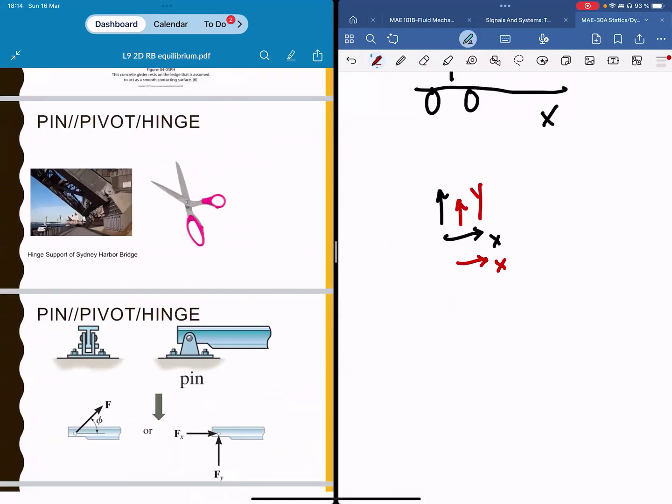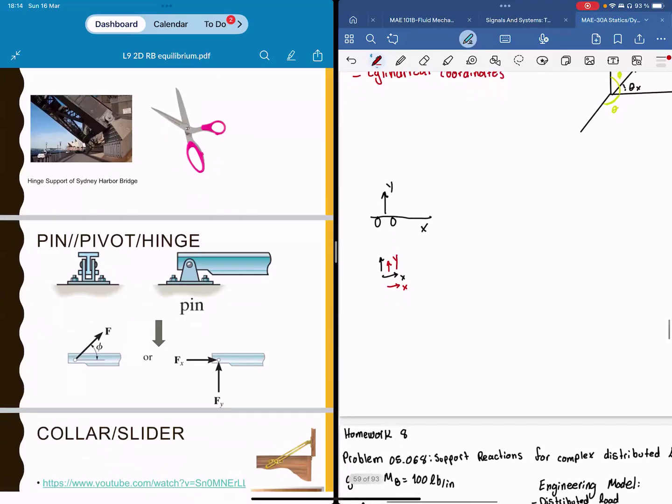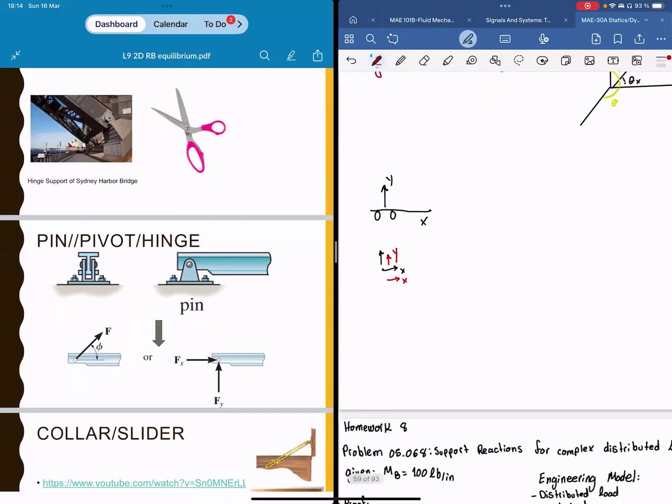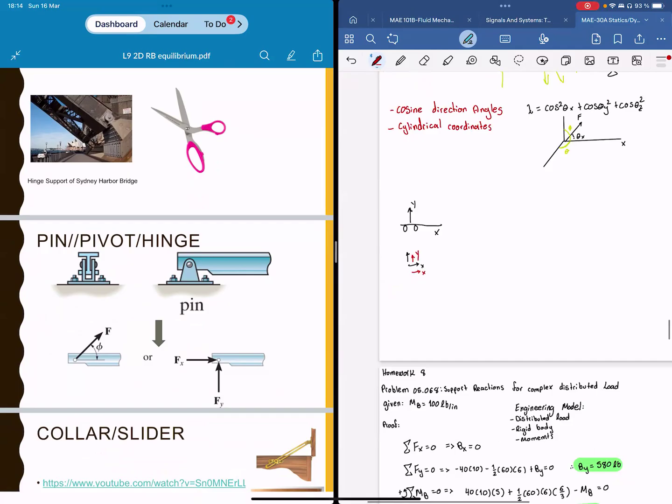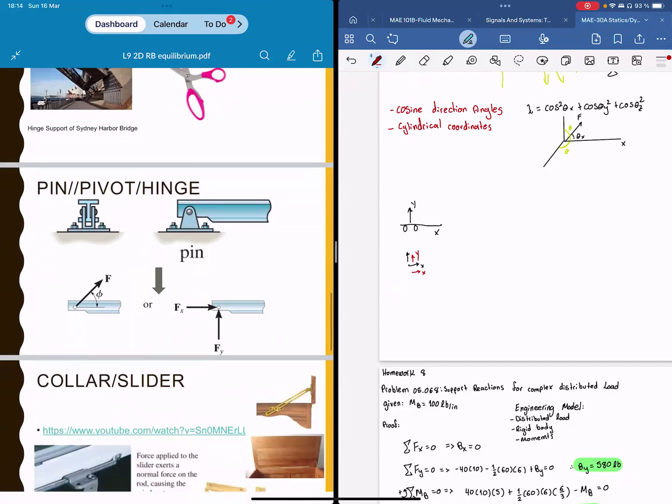I'm going to go through the ones I remember to be the most important. Hinges: a hinge is the design we see right here. They have X and Y support. Also, I'm calling this 2D, but it can also apply to 3D. It just depends on the setup of the problem. Hinges have both Y and X support, right?